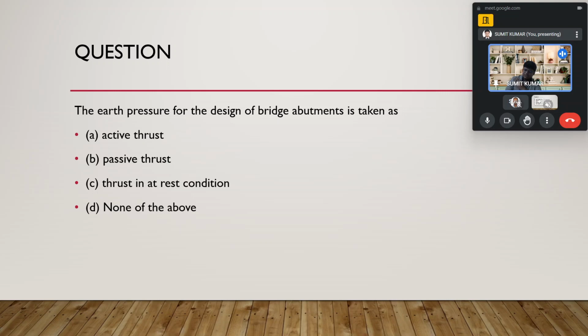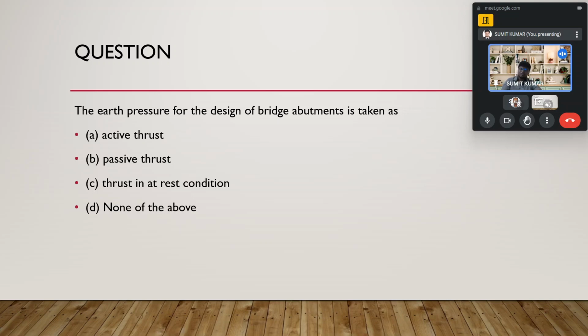When we are concerned about the solution of this problem, we must be aware of the earth pressure for the design of a bridge abutment. The bridge abutment is the condition where the soil pressure across it is in the rest condition. So the thrust is said to be in rest condition. It is neither an active thrust nor a passive thrust, because this is a real life scenario.